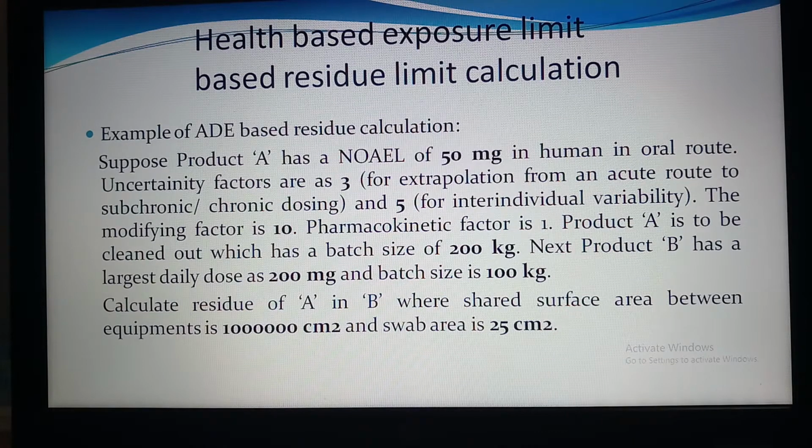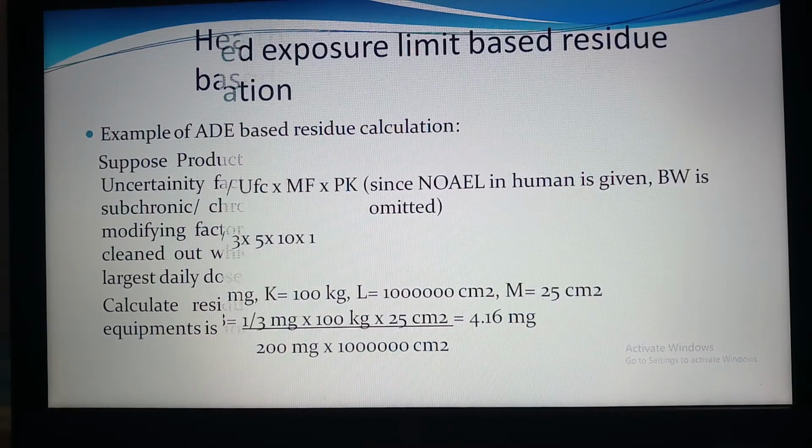Product A is to be cleaned out, which has a batch size of 200 kg, and next product B has a largest daily dose of 200 mg and batch size of 100 kg. Calculate the residue limit of A in B, where the shared surface area between equipment is 10 lakh cm² and the swab area is 25 cm².